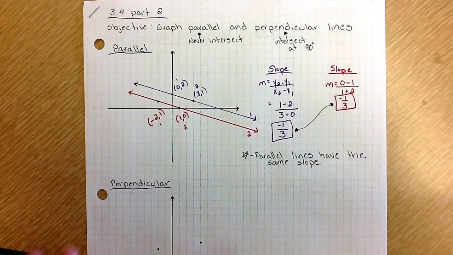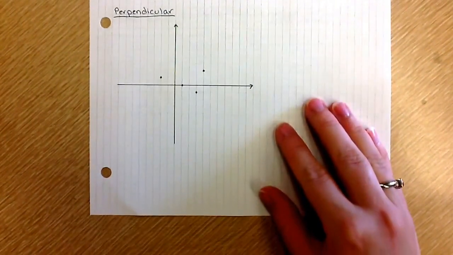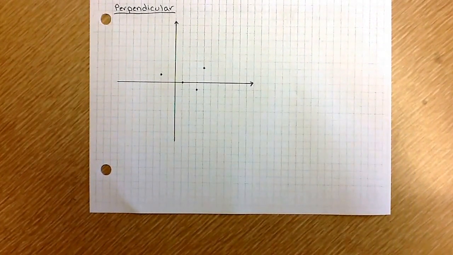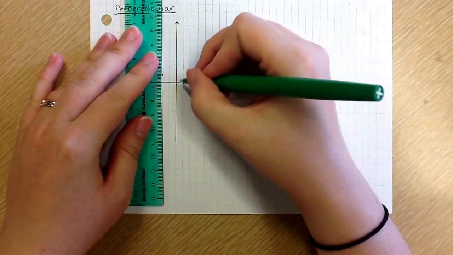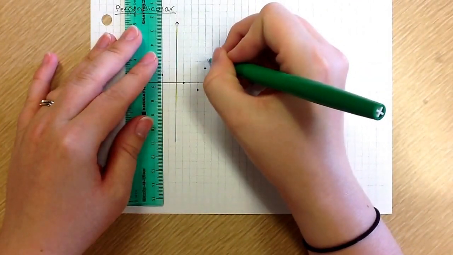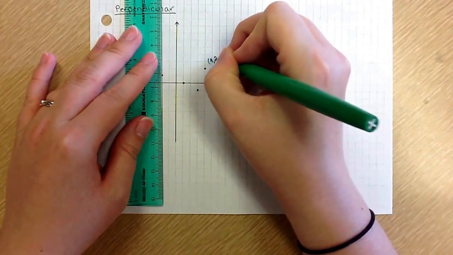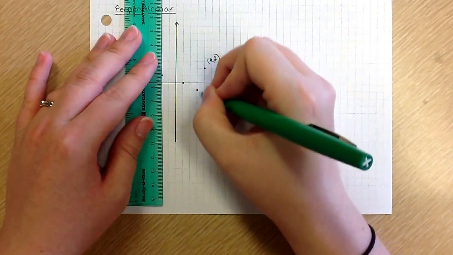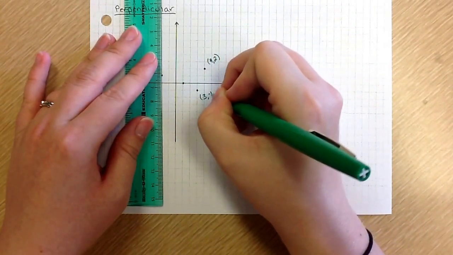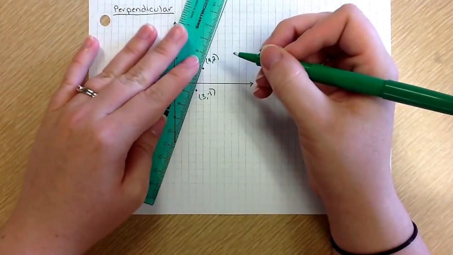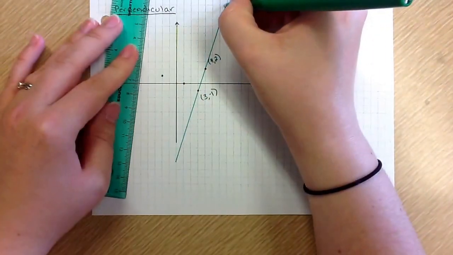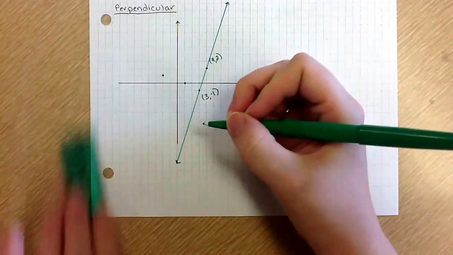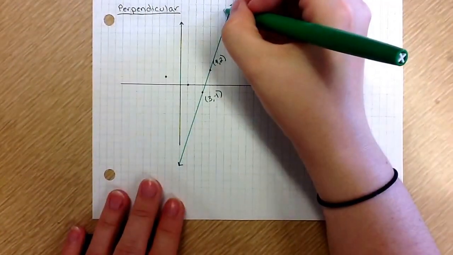Okay. Perpendicular lines, on the other hand, let's go ahead and sketch some perpendicular lines. I'm going to connect these 2 points, 1, 2, 3, 4. So this is the point 4, 2. And the point 3, -1. I'm going to connect those 2 points. We get a line like this. There's my green one. We'll call that line 3.